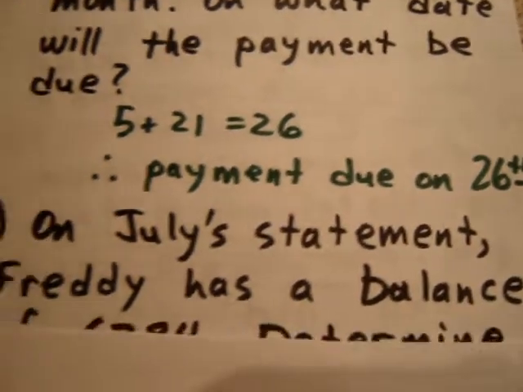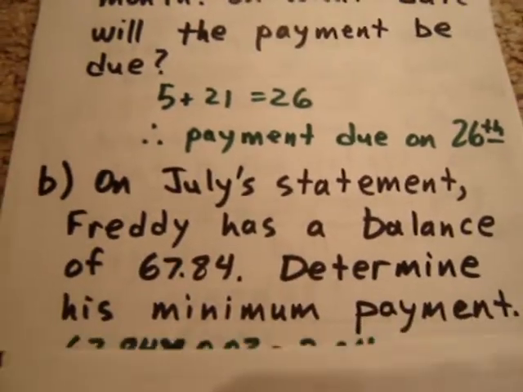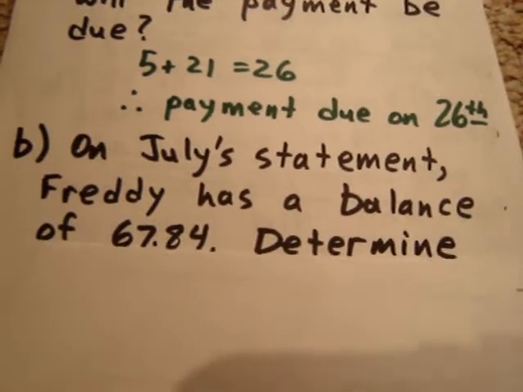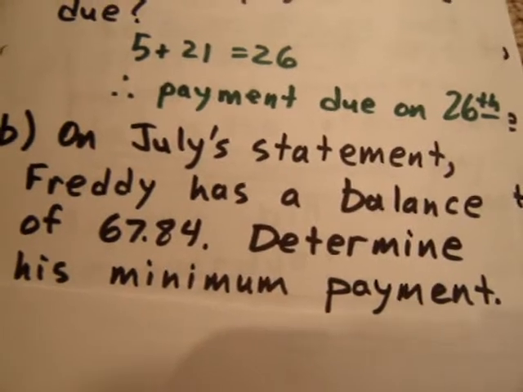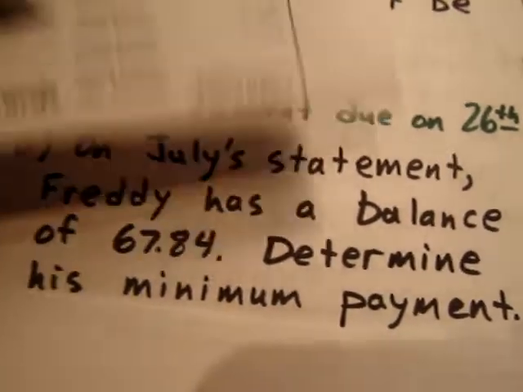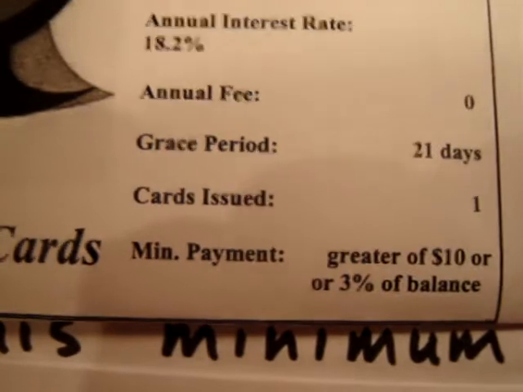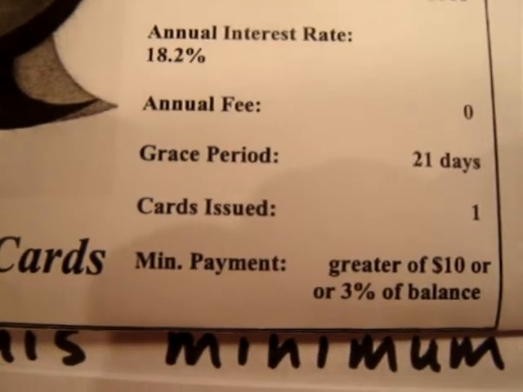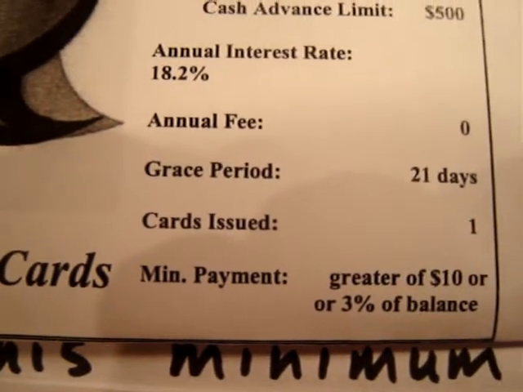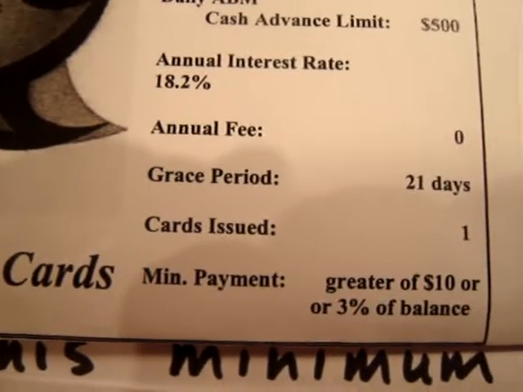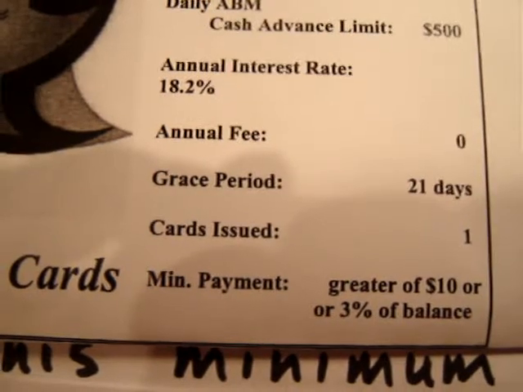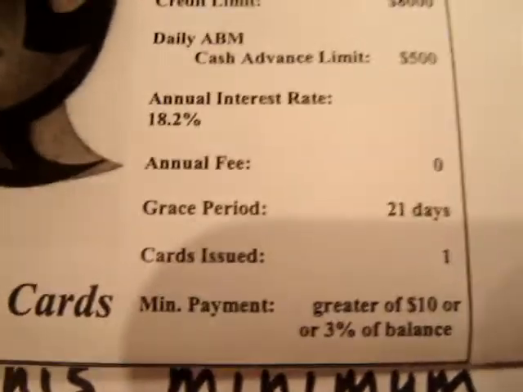Okay, the next question says that on July's statement, Freddie has a balance of $67.84. We'd like to know his minimum payment. Well, we refer back to his credit card statement, which says that his minimum payment is the greater of $10 or 3% of the balance. What we're going to do is figure out 3% of his outstanding balance and see if that's greater or less than $10, and then we'll make our decision from there.